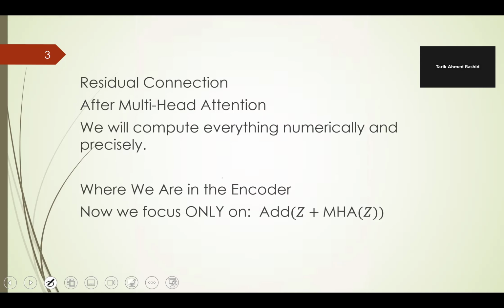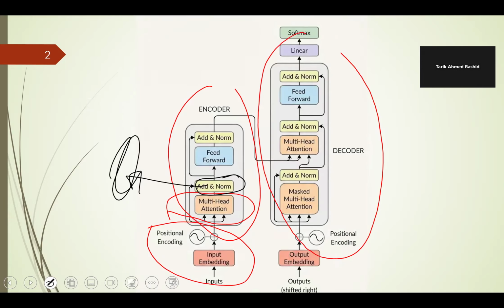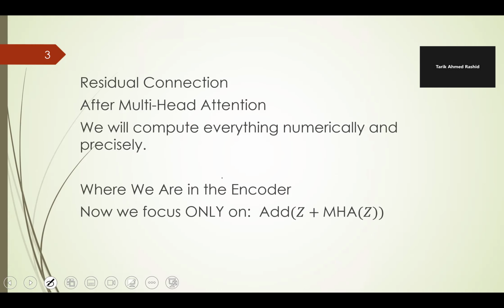Now, the residual connection, which is add and norm. After the step of multi-head attention, we have to compute everything numerically in the encoder. In large language models, we might have many encoder layers.